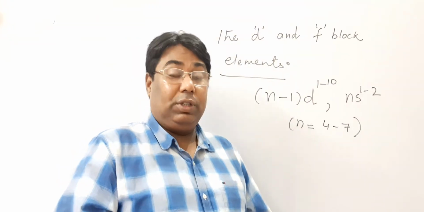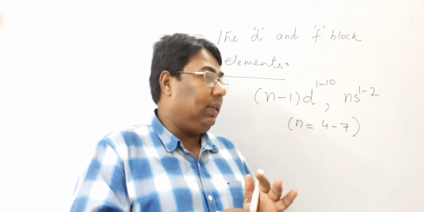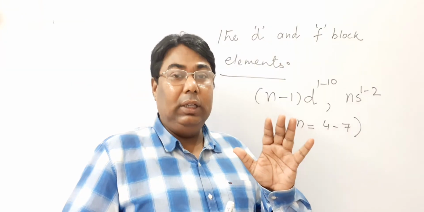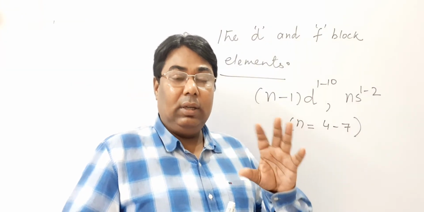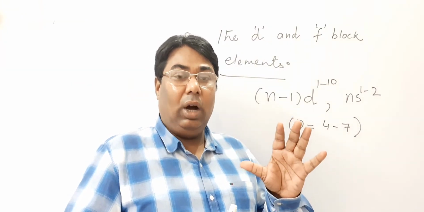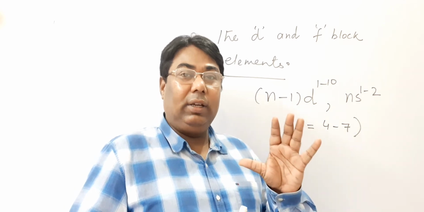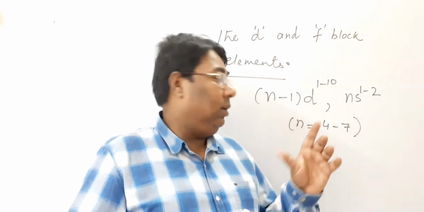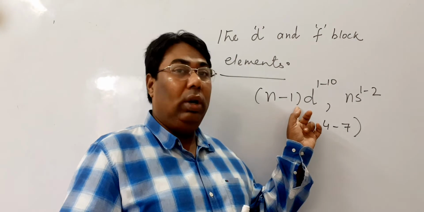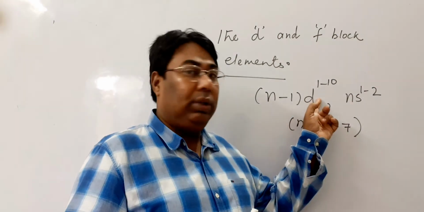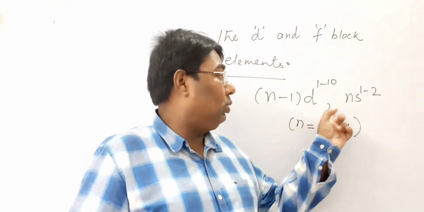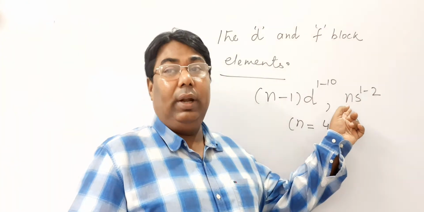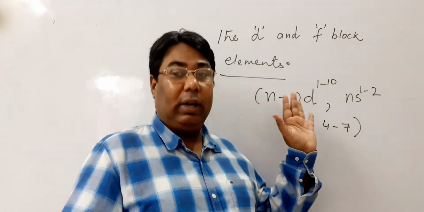So first of all, try to understand what the d-block elements are. The elements having outermost electronic configuration (n-1)d^1-10, ns^1-2 are known as d-block elements.